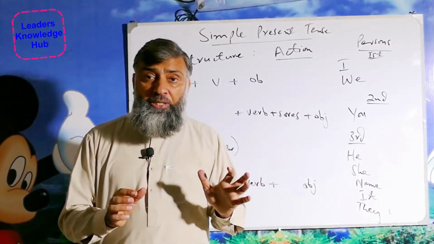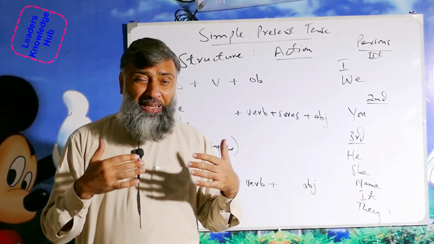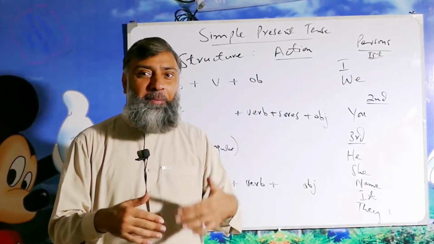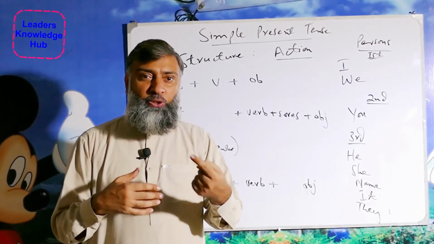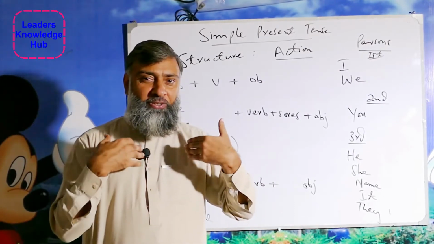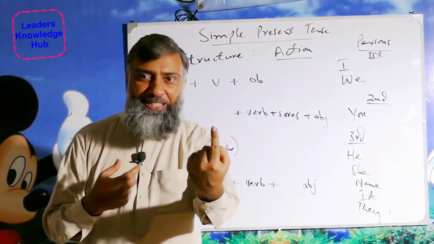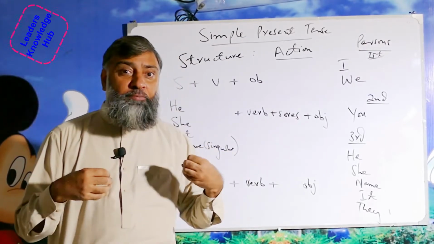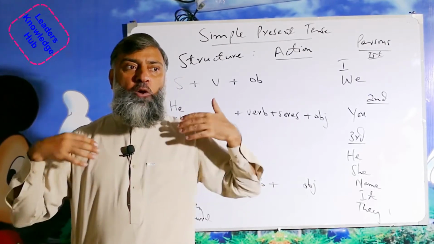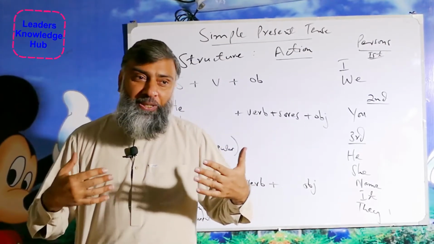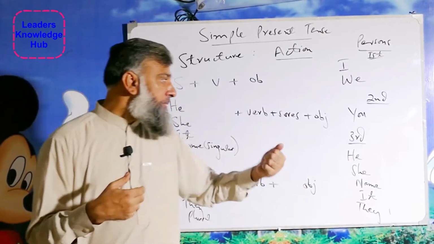Then we have second person. What do we mean by second person? To whom you talk, जिससे आप बात कर रहे हो. It can be a single person. You may be the addresser, and you may be talking to a single addressee, or you may have more. Like I'm a teacher, so I may have a lot of students in front of me. In both cases, that is called second person, you.